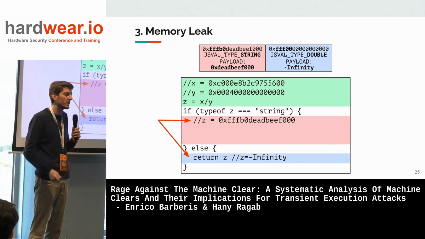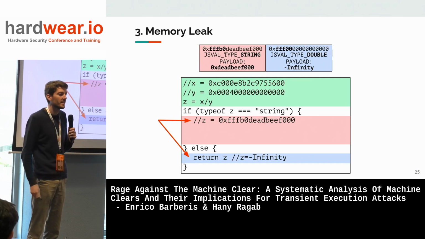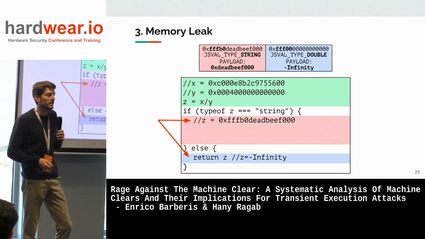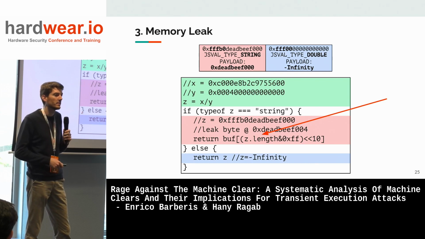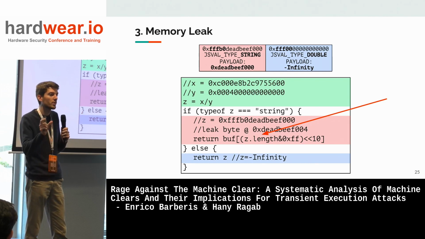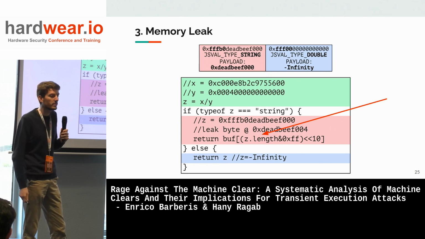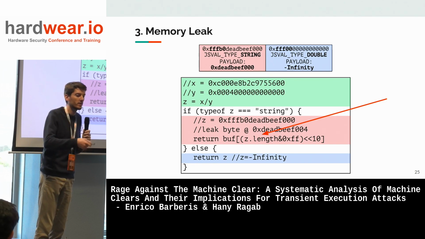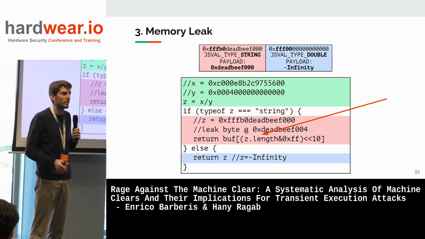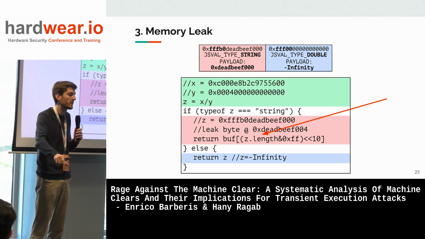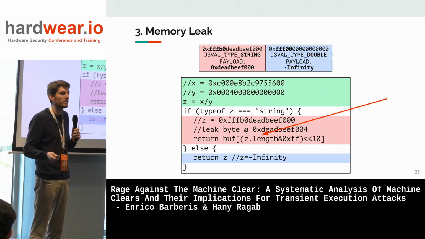So architecturally, we'll execute the else branch. But again, speculatively, it's too late. We convince JavaScript the division result is a string. We control the pointer, so game over. By accessing, for example, the length attribute of the string, we are actually reading arbitrary memory. And again, using Flush+Reload, a standard side channel, we can leak arbitrary memory.